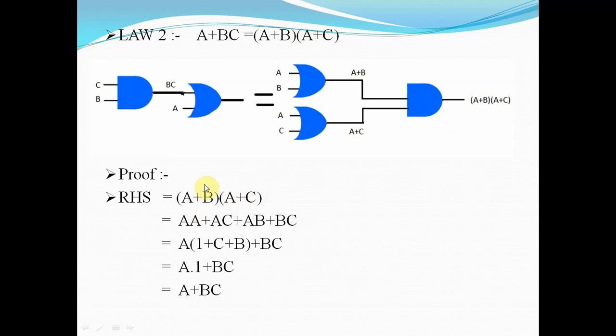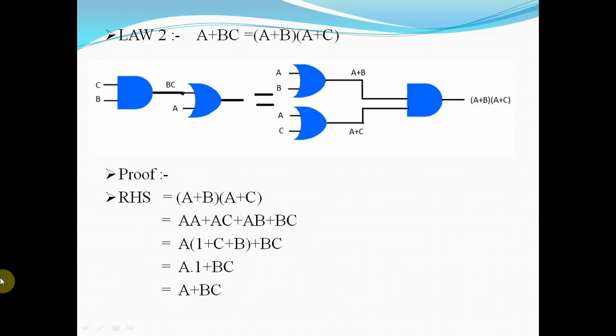Just remove the parentheses: A into A plus A into C plus A into B plus B into C. We know from the different laws that A into A becomes A. Taking A as the common term, what will be remaining? 1 plus C plus B. We keep BC as it is. 1 plus B or 1 plus C becomes 1.